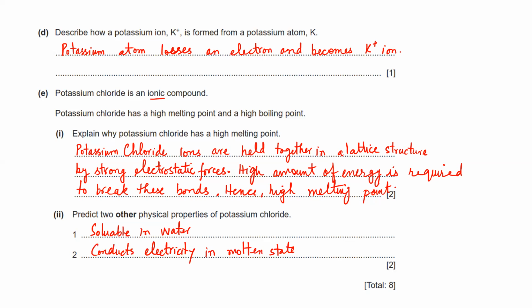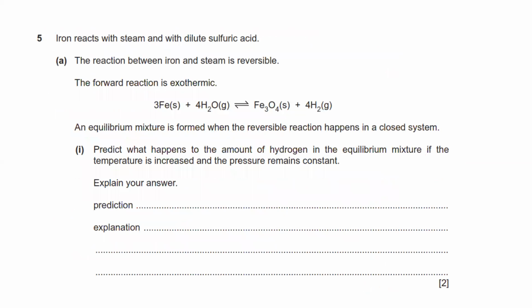So moving ahead, question number 5, it says iron reacts with steam and with dilute sulfuric acid. The reaction between iron and steam is reversible. The forward reaction is exothermic. The equation is given: 3 iron plus 4 water in gaseous form, iron oxide plus hydrogen.